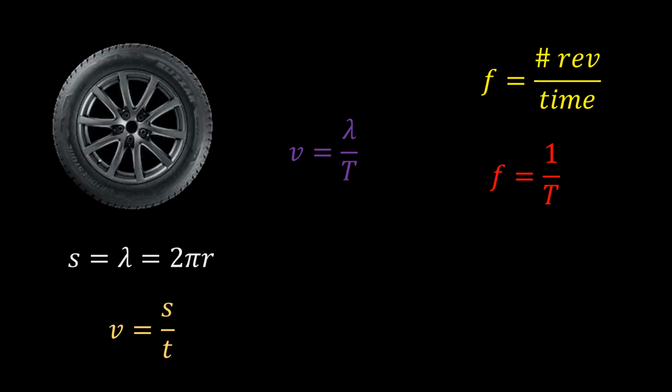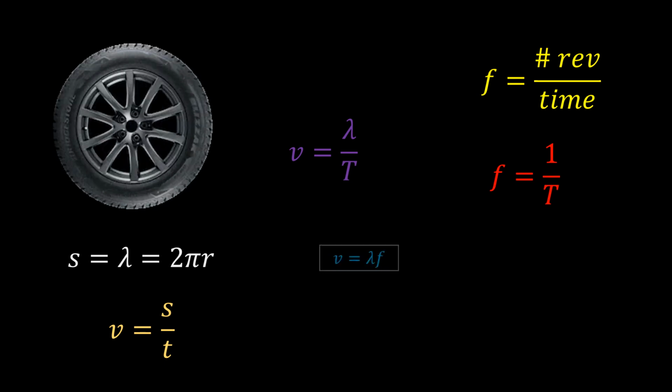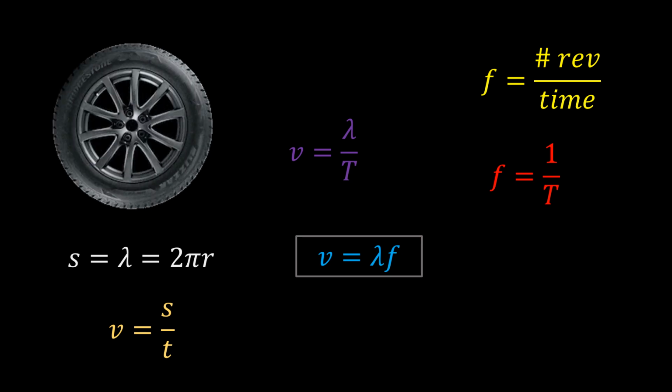So the velocity of the tire can be written as lambda times f. This means that the wavelength of the wave is given as v on f. Putting this into the de Broglie equation yields this. Cross-multiplying produces the following popular expression where f is the observed frequency.